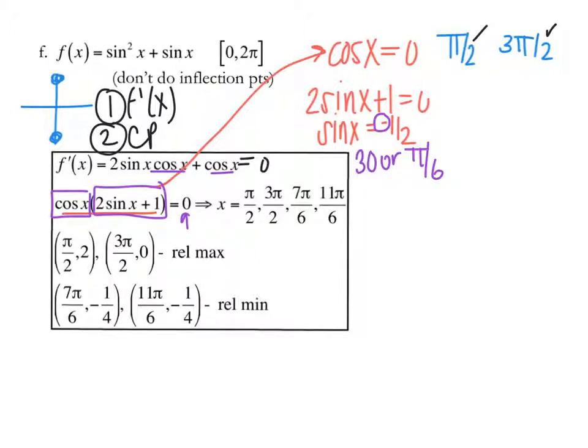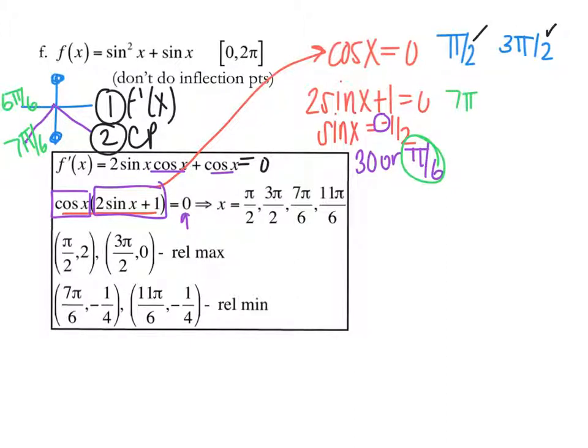Well, sine is negative in the third and the fourth quadrant. So since this is pi, and we're doing this all in terms of 6, this is like a little pre-calc review here. This is pi, you can call that 6 pi over 6, since we're talking in terms of radians of 30 degrees. So this one will be 7 pi over 6.